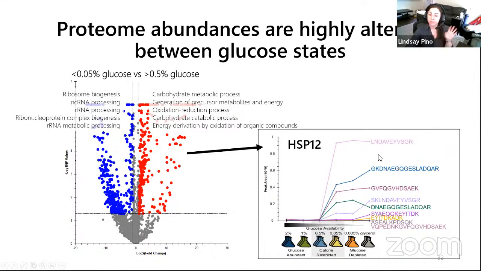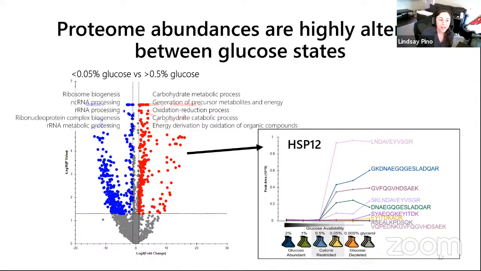Each line is another peptide from this protein, and each one of the points along the horizontal axis is another one of those samples. You can see that for this protein, all of the peptides are low, low, low in these first three glucose conditions, and then all of the peptides very nicely, stably become increased in abundance once we hit somewhere between 0.5% glucose and 0.05% glucose. At some point in there, this gene is turned on, transcription is turned on, and the protein becomes abundant. So that was kind of interesting.